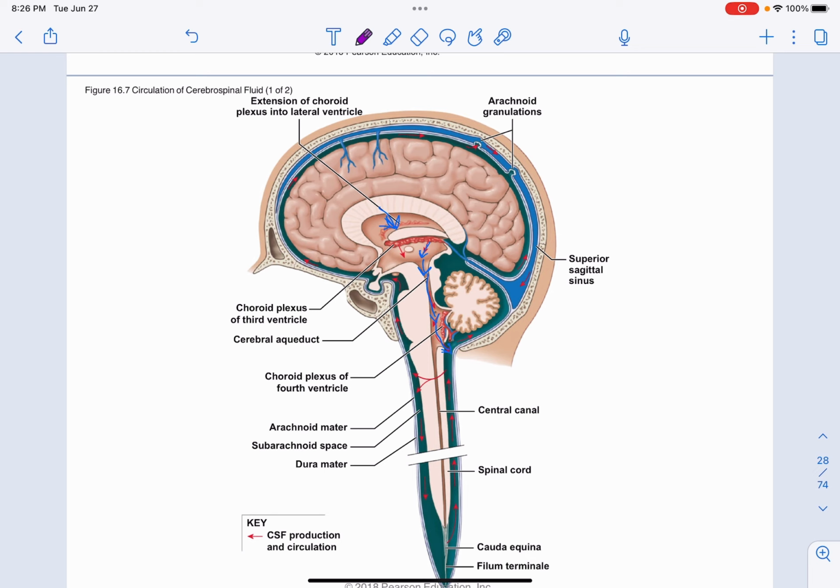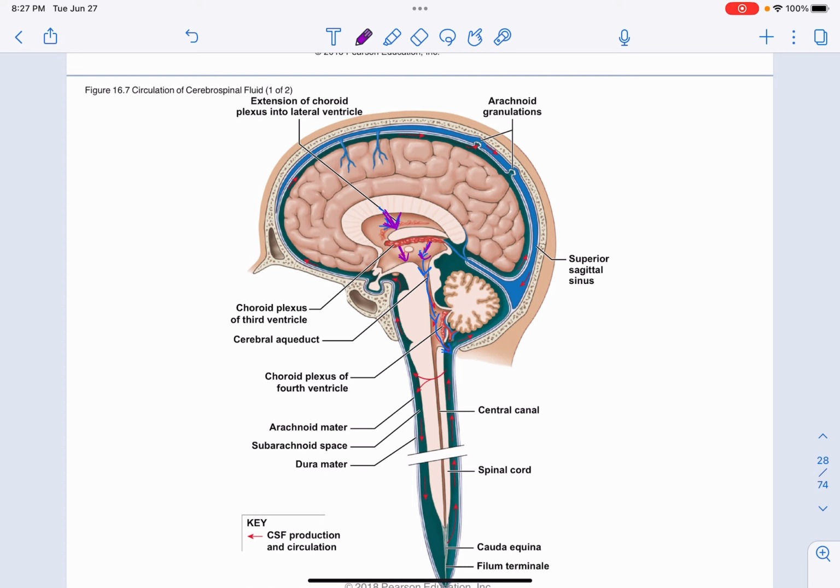Let's say we start to follow circulation from the lateral ventricle, which is right here. From this arrow, from the lateral ventricle, the choroid plexus makes and circulates the cerebral spinal fluid down to the third ventricle, both sides here.